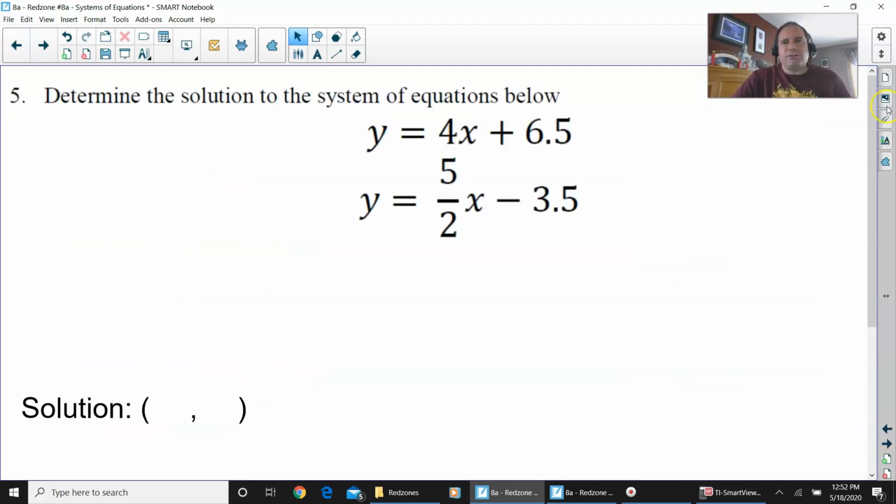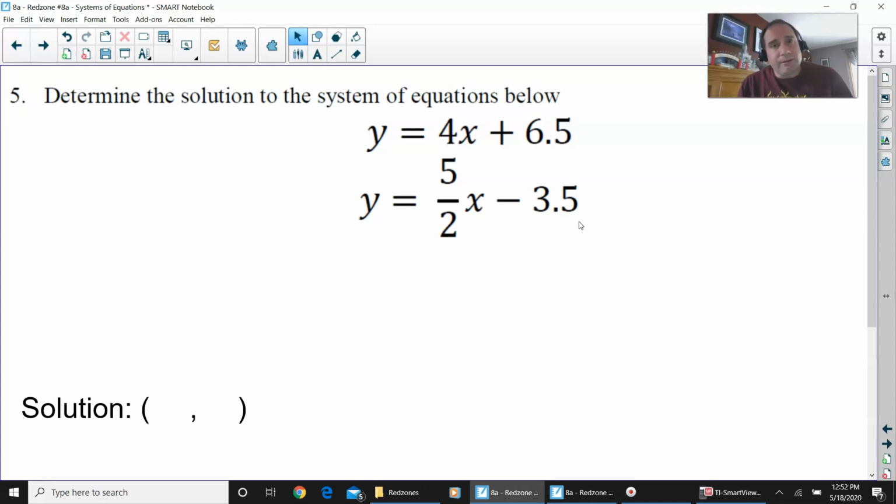So determine the solution to the system of equations of y equals 4x plus 6.5 and y equals 5 over 2x minus 3.5. So what we're going to do right now is remember the phrase that we used in class so many times.